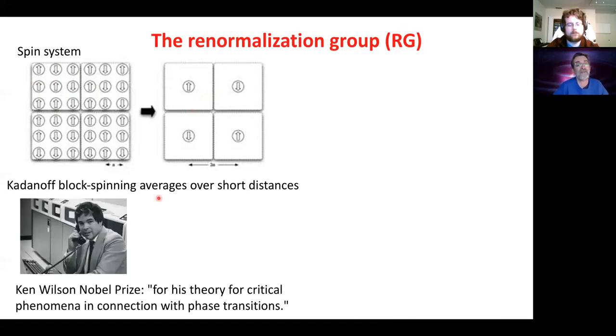So this is Ken Wilson back in late 60s, early 70s. He won a Nobel Prize for taking this idea and formalizing it and making it work, and explaining things like critical phenomena, second order phase transitions, and universal behavior.